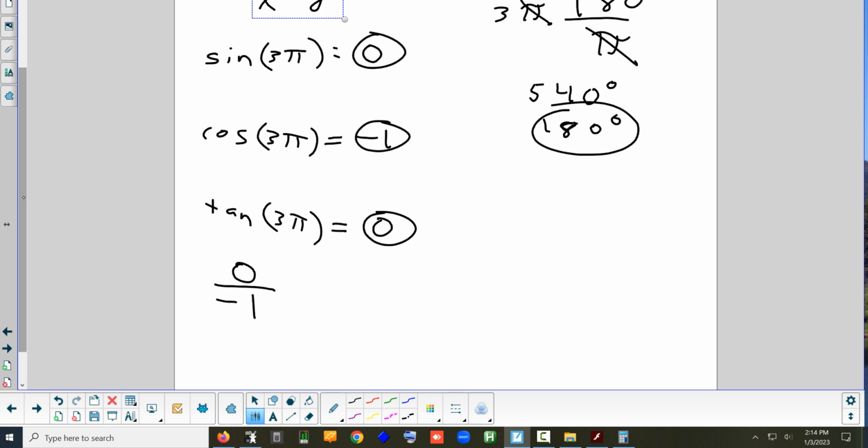Now, let's say they did ask for the cotangent. That's the tangent flipped. So you'd have this. But what does it mean when you divide by 0? It can't be the same as this one. There's only two numbers you can flip and they stay the same, and it's 1 and -1.